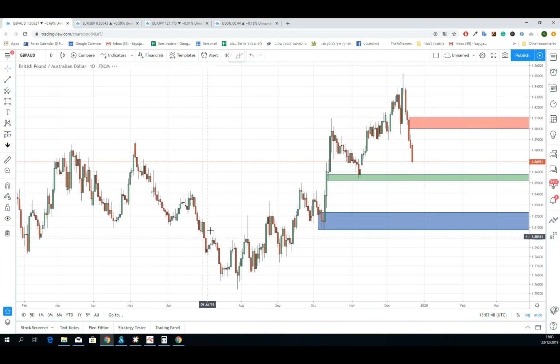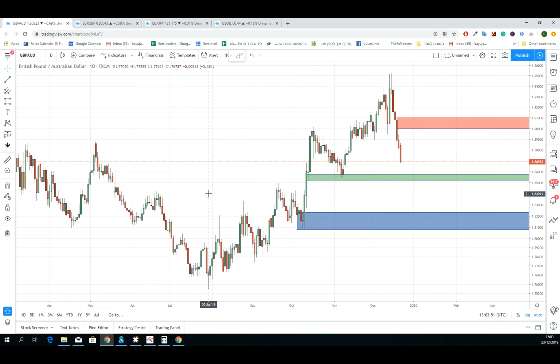Okay, let's go back to the daily chart. So as I said, for now it seems like the price already created the left shoulder and is about to create the head. If the price really reaches that level and won't break out and keeps going down, starts to rise up, I will sell here, with the hope that the price will try to complete this pattern.